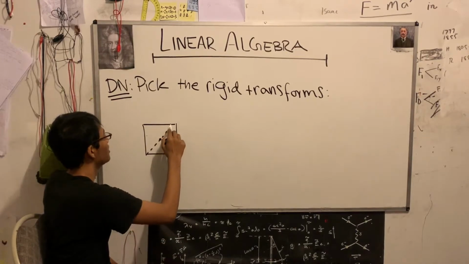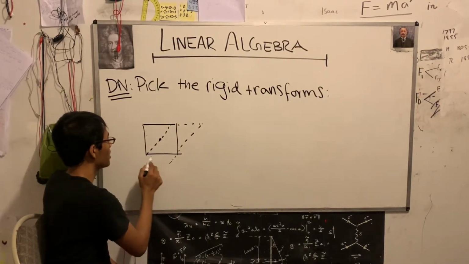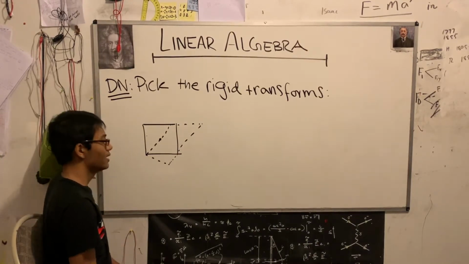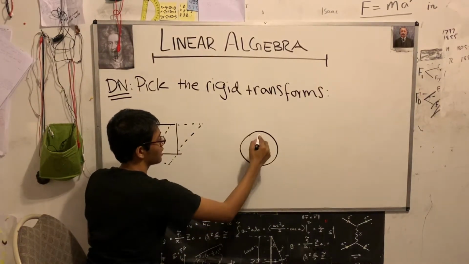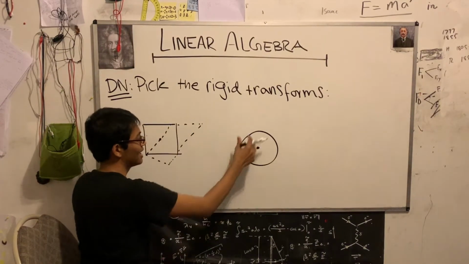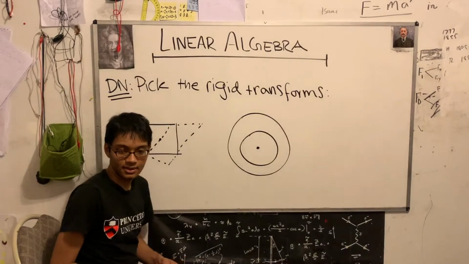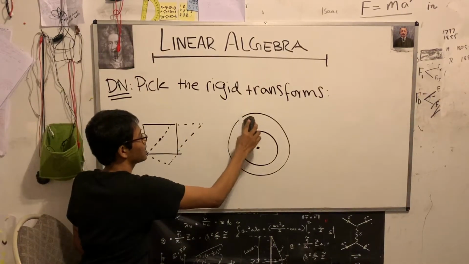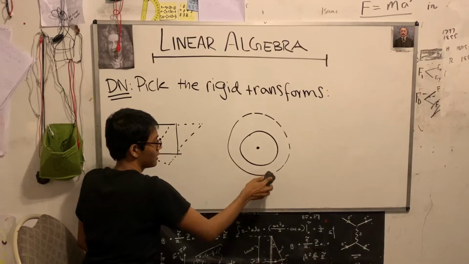So this will be the resulting square. I guess it'll look like a parallelogram, not 100% sure. But there you go, that's a square. Next we'll have a concentric circle that is dilated by 2 times its original size around its center once again. And let me just dash that out so it seems like a transform.